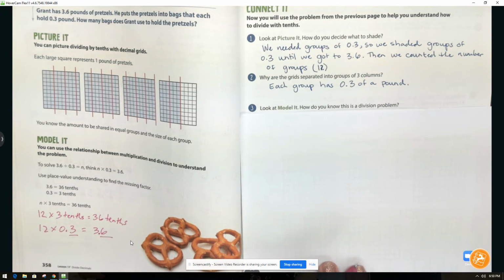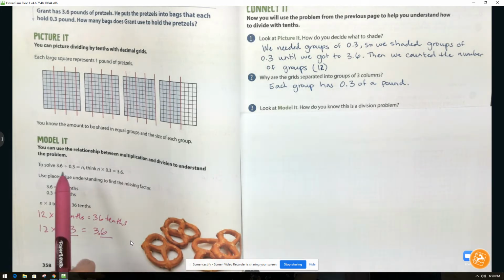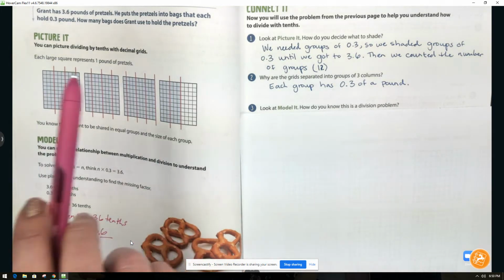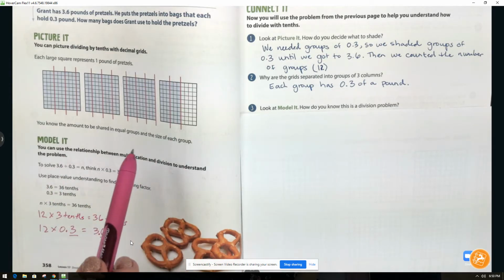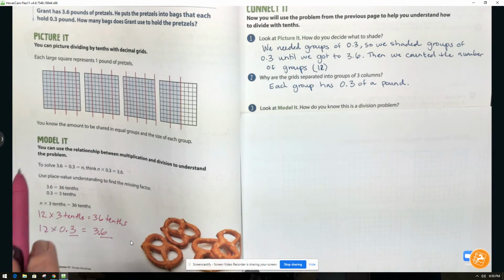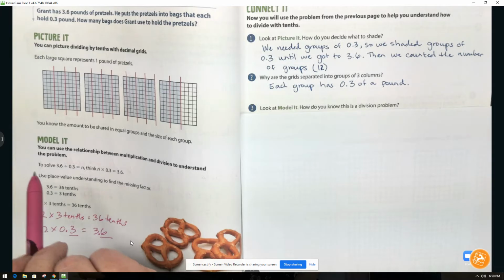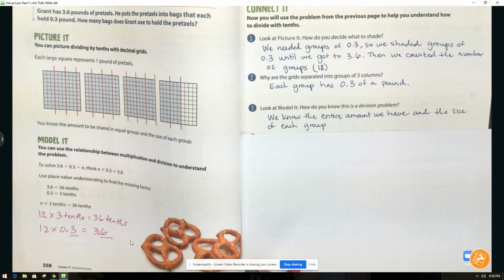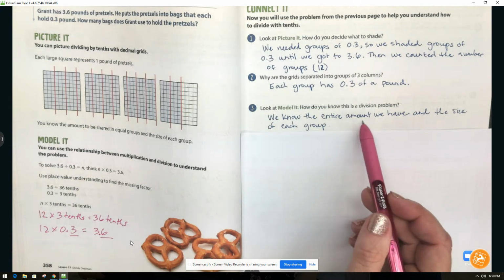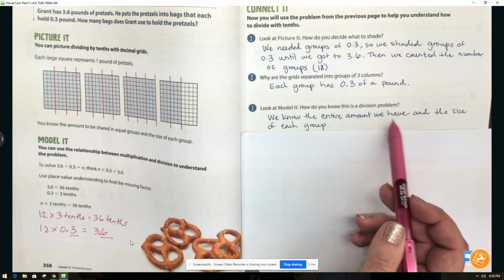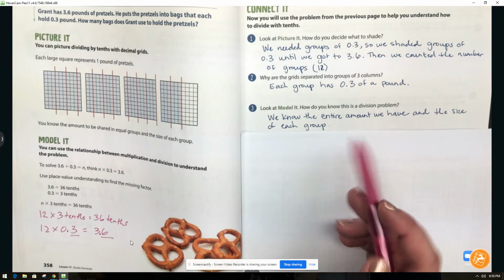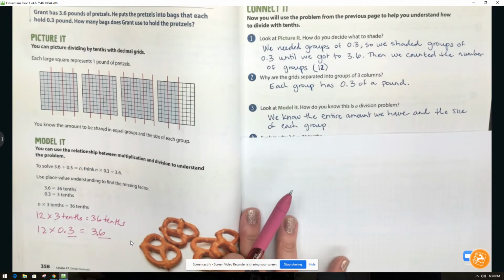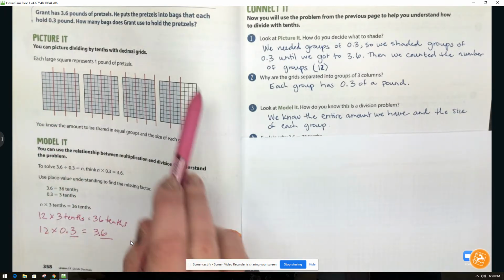Number 3, now we're looking at this model, okay? How did you know that this is a division problem? If we started with 3 6/10 and then we know that we had groups of 3/10, how do we know we're dividing? Since we know the entire amount we have, and the size of each group. So in other words, we know the total.